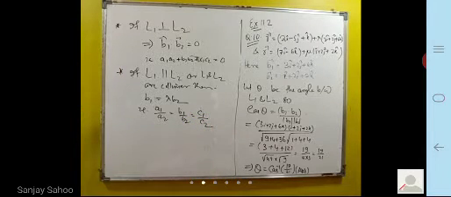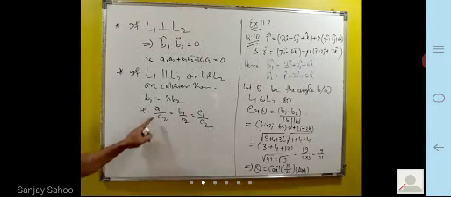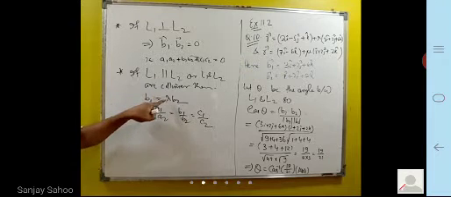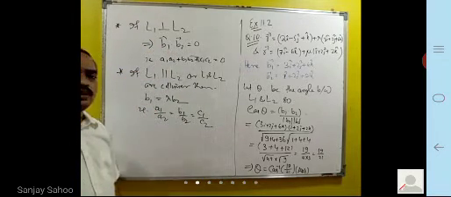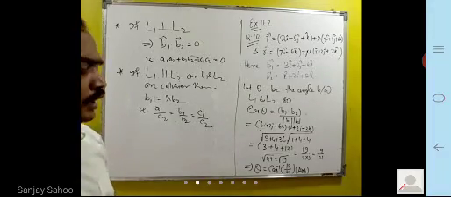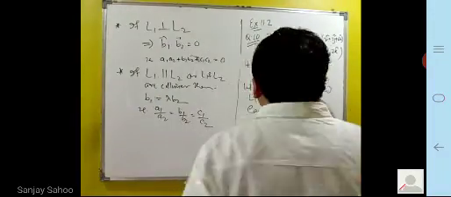The ratio of their scalar components will be equal if they are parallel or collinear, and if they are perpendicular, their dot product will be equal to 0. Okay? So now see one question.